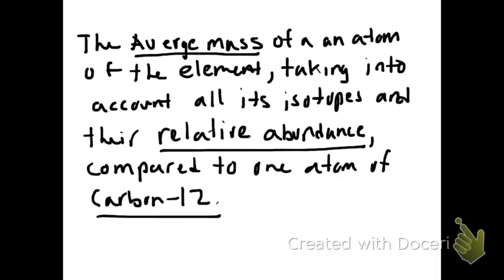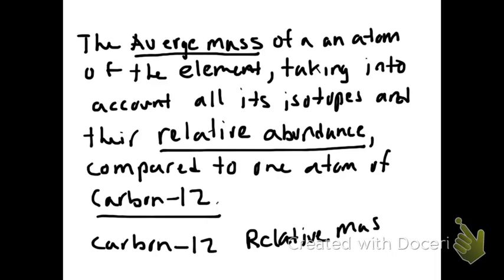Now, why do we use carbon-12? Well, carbon-12, we're going to say, has exactly a relative mass of exactly 12.000 AMUs. Okay, so it has 12.00 AMUs exactly. And again, AMUs, if you remember, stands for atomic mass units.